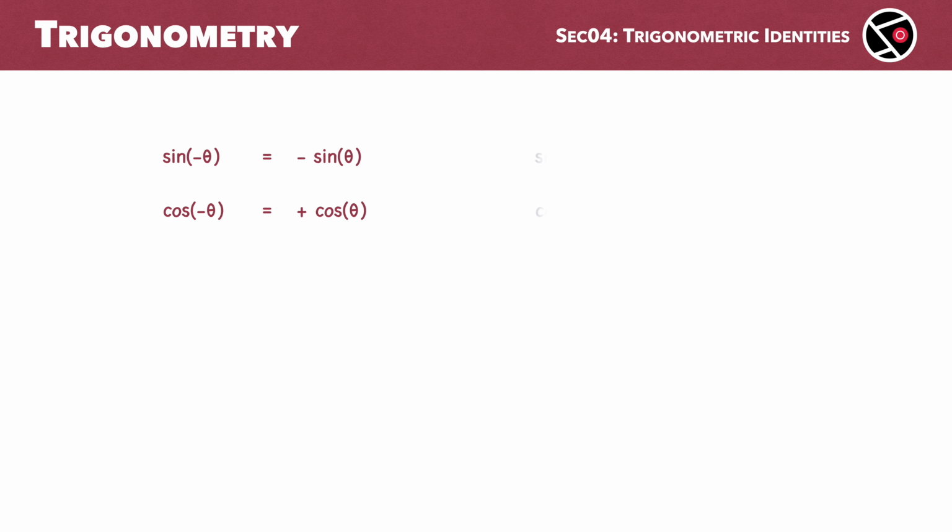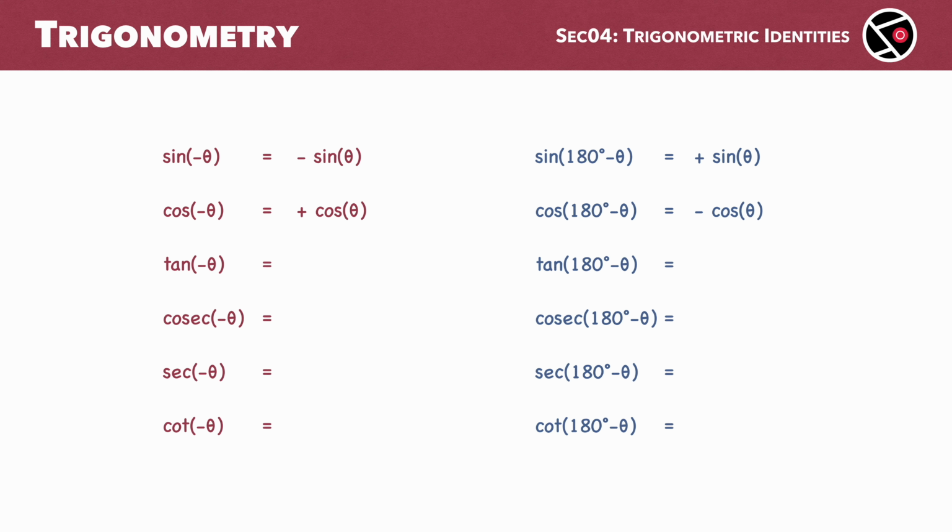And then we have sine of 180 degrees minus theta equals sin theta. Cos of 180 degrees minus theta equals minus cos theta. Now can you try to figure out the corresponding identities for other ratios?